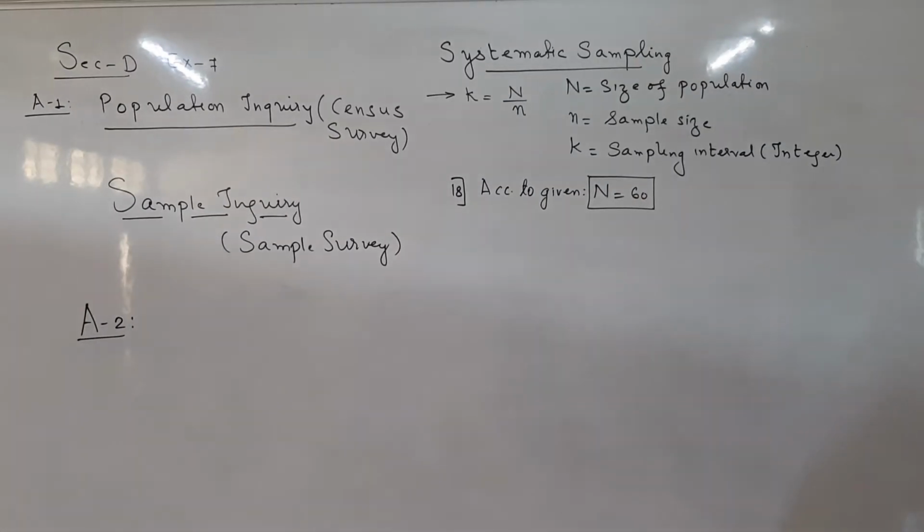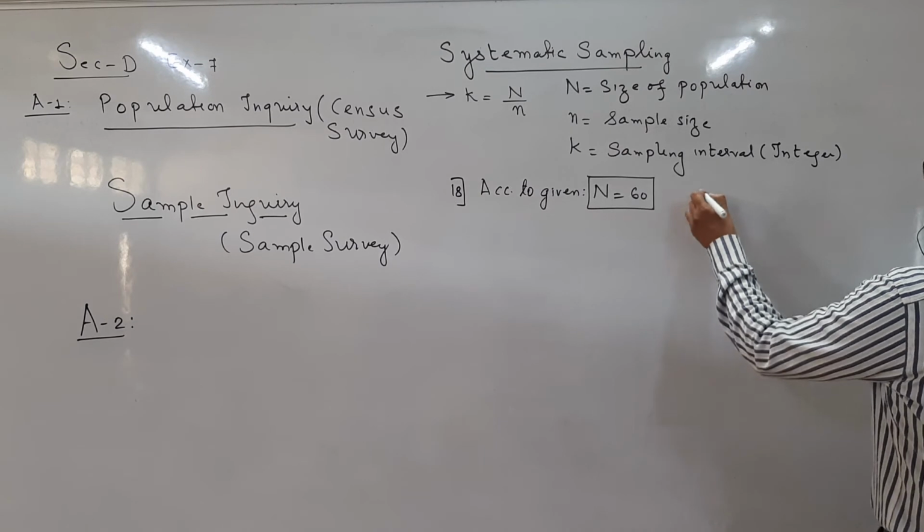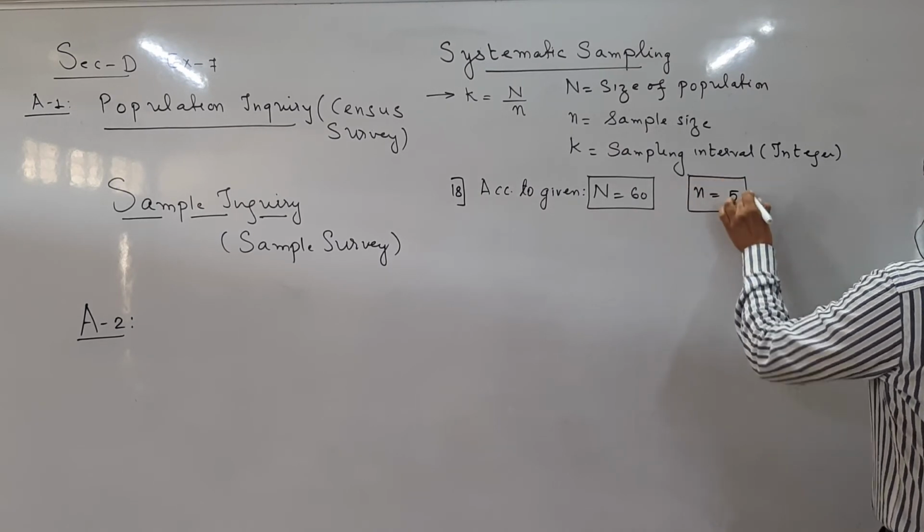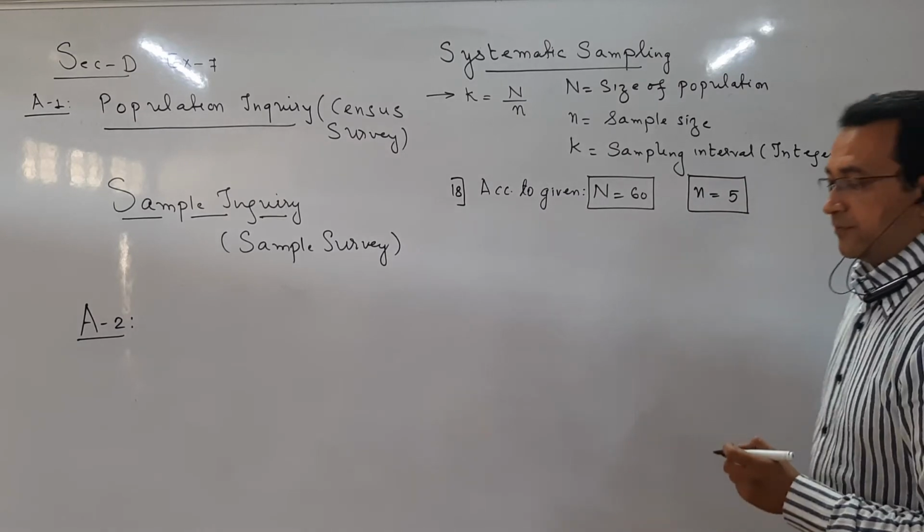Size of population is denoted by capital N and size of sample is denoted by small n. Then 5 employees are to be selected using systematic random sampling for a trial of work from home concept. Explain how a sample can be selected. A sample of 5 employees, so sample size is n = 5.